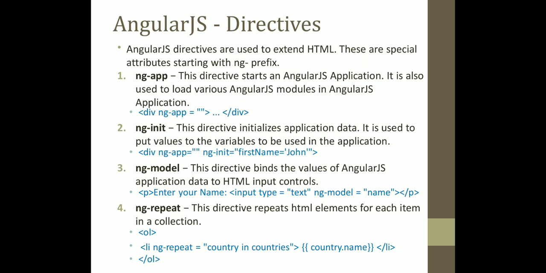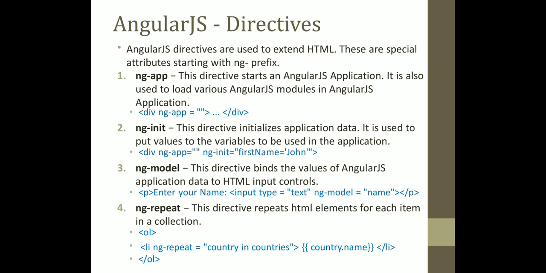They are not predefined, but we can define them on our own as per our requirement. So we will discuss built-in directives here. The built-in directives are the ng-app directive first, second ng-init, third ng-model, and fourth ng-repeat. Okay, so we'll see them one by one.